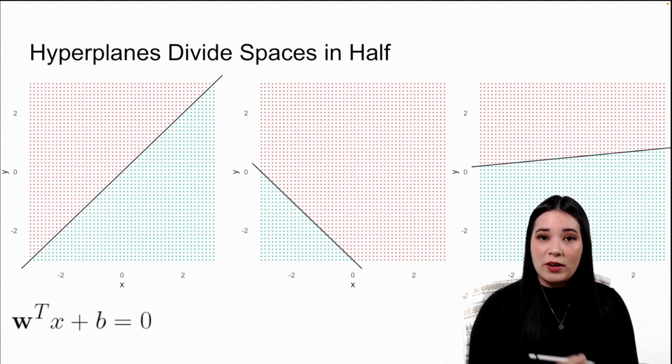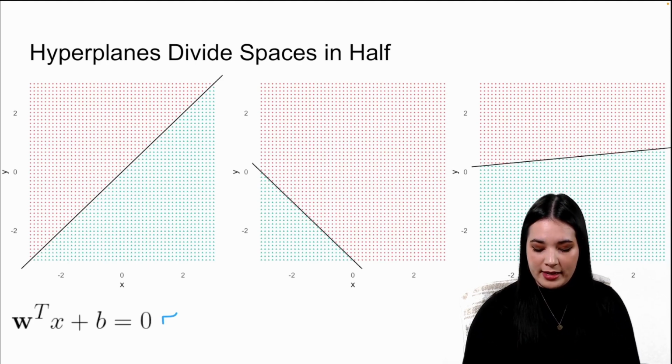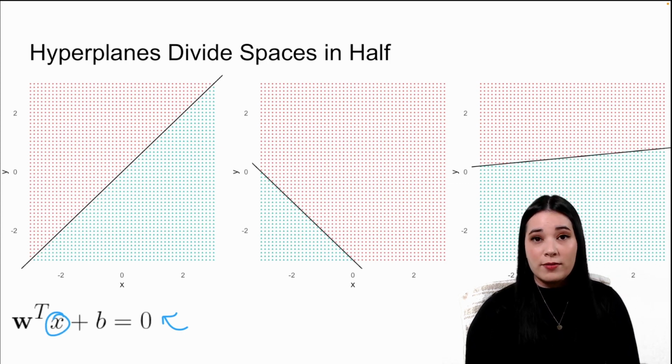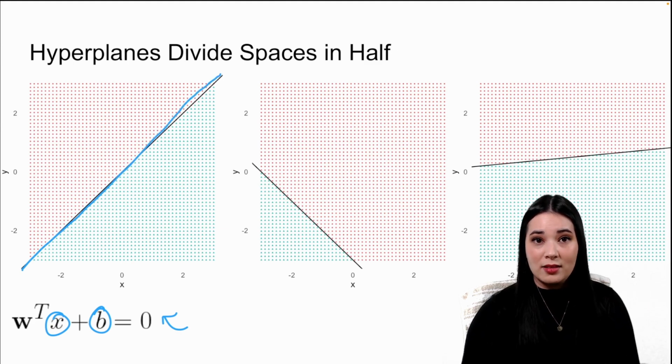The equation of our hyperplanes can be written like this: W transpose, which is our weights, times our input values, which are stored in the vector x, plus an intercept or bias term. When we set that equation equal to 0, we get all of the points on our hyperplane, or in this case, a line.